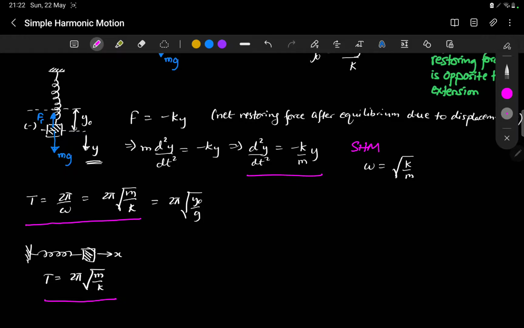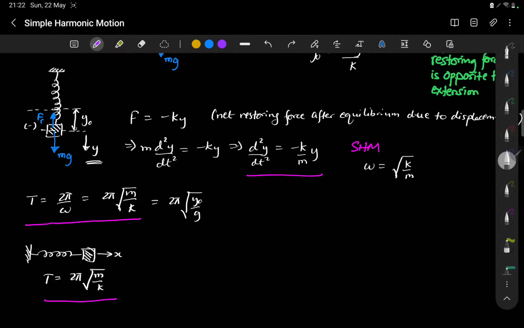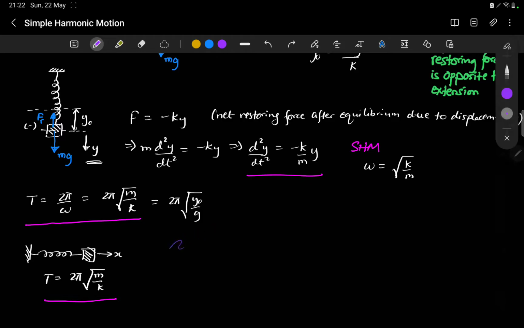What is the only difference between this horizontal and vertical? That is the equilibrium position. So in a horizontal spring mass system, the equilibrium position is the same as the natural length of the spring.